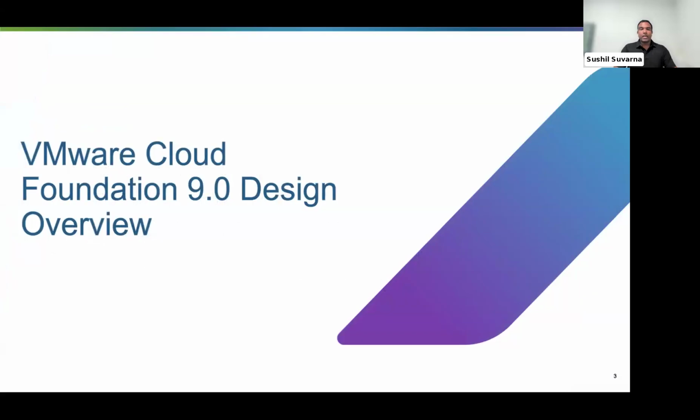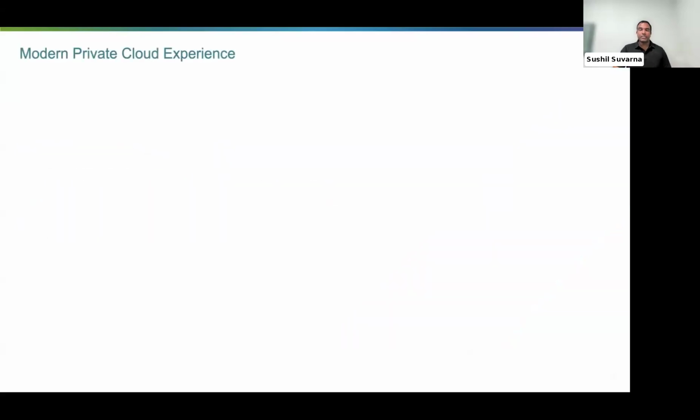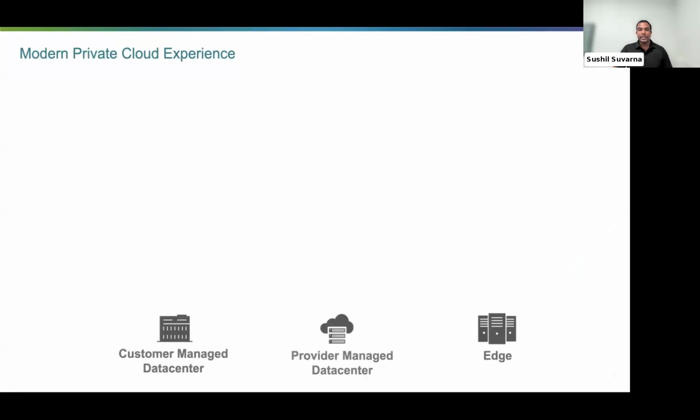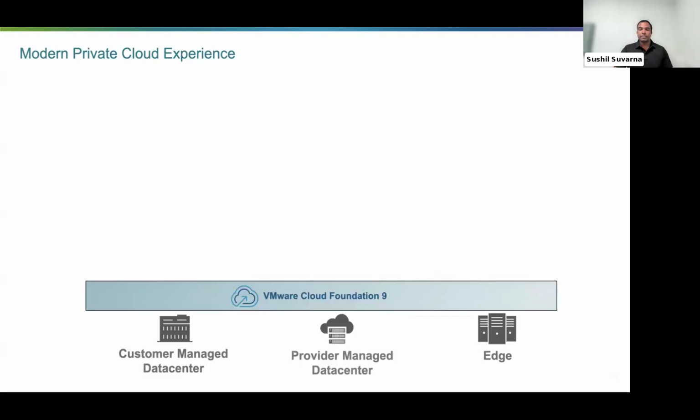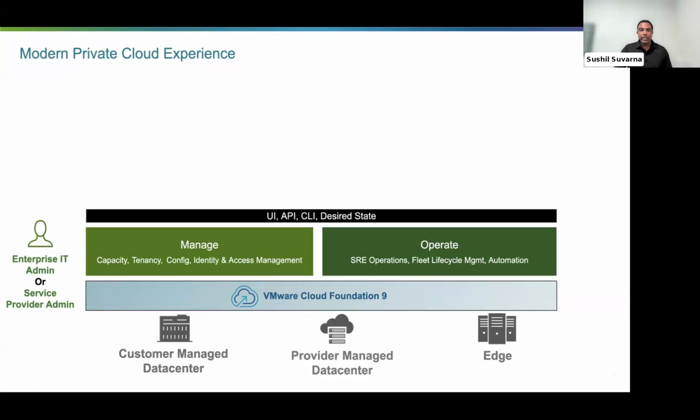Let's get started. So the first thing I wanted to talk a little bit about is, as part of VCF and VCF 9 specifically, one of the key things that we did was we brought together the best of everything that we had. So irrespective of the kind of infrastructure you have and where that infrastructure is deployed, VCF offers a unique layer on top of all the infrastructure items that allows you to manage and operate your existing infrastructure, right?